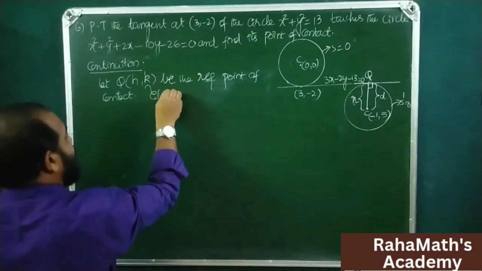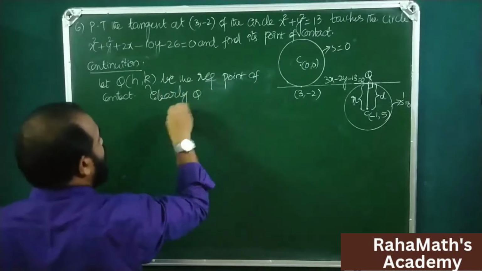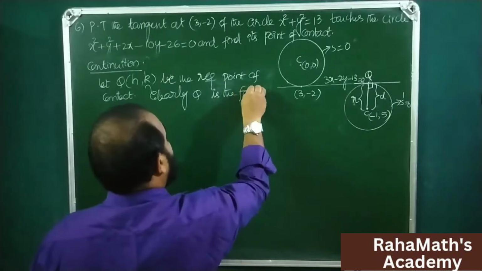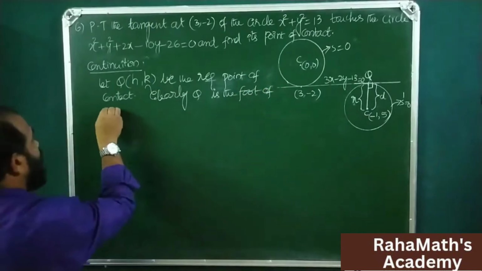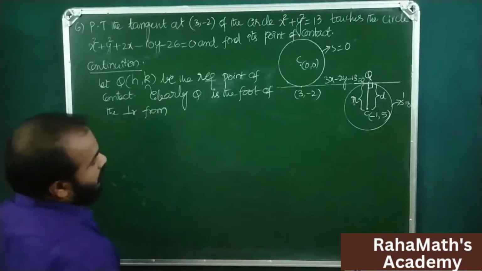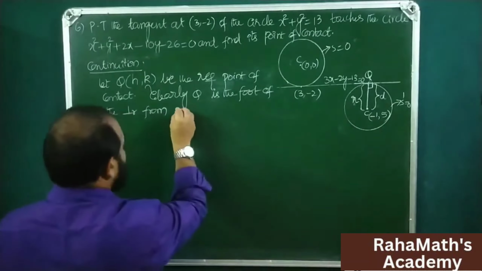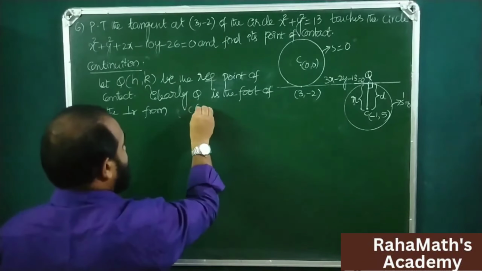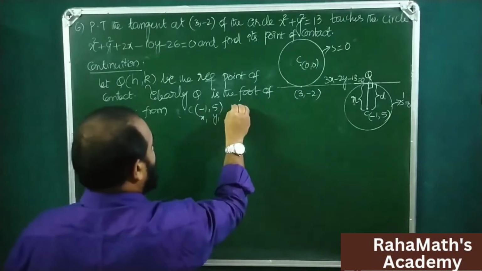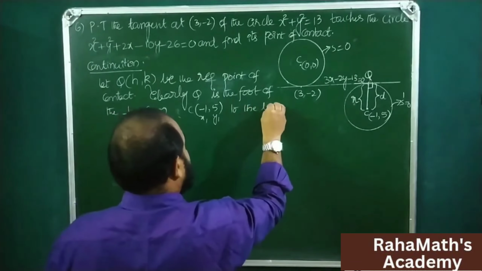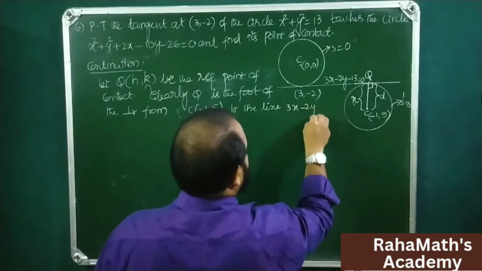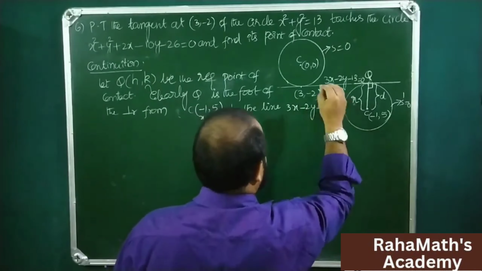Clearly, Q is the foot of the perpendicular from C(-1, 5), which is (x1, y1), to the line 3x - 2y - 13 = 0.